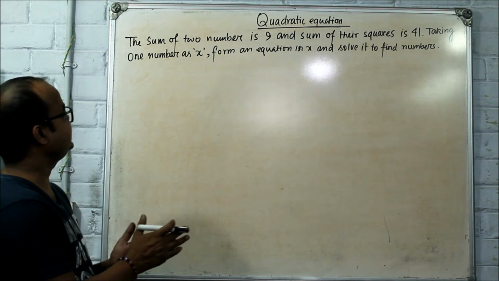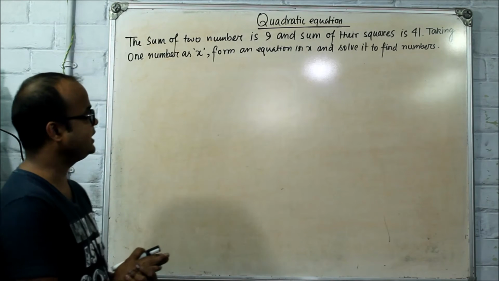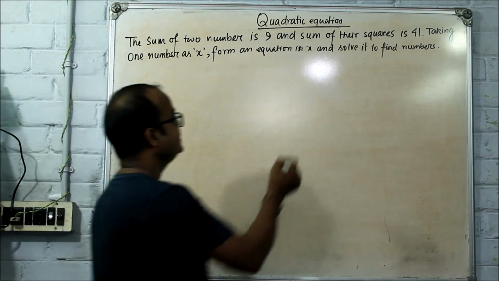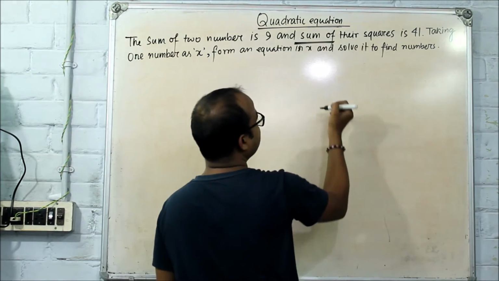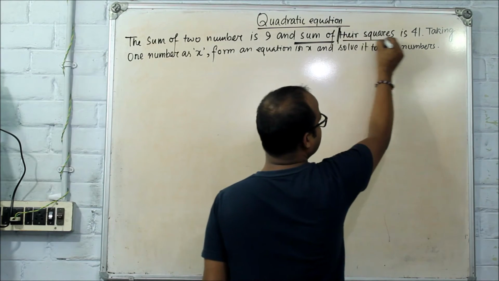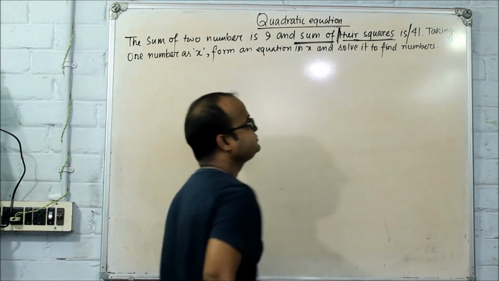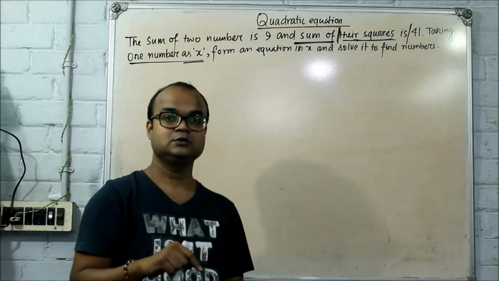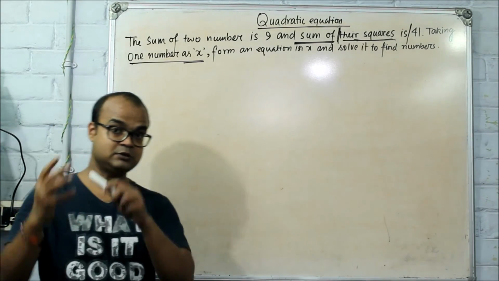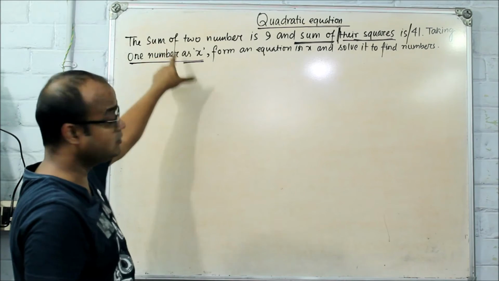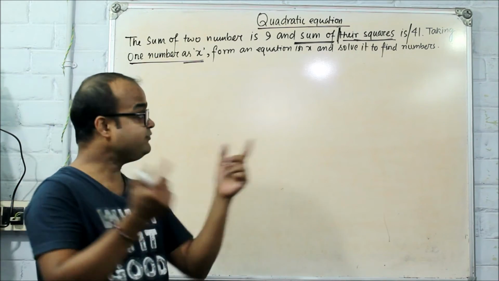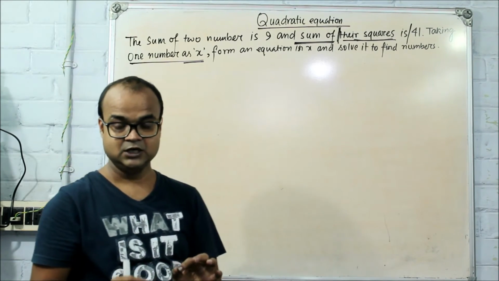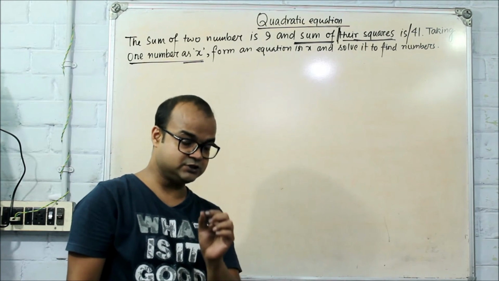Now, let us discuss this problem. Sum of two numbers is 9 and sum of their squares is 41. If you remember the initial guideline I gave, when the sum is given, you need to consider the first number as x.